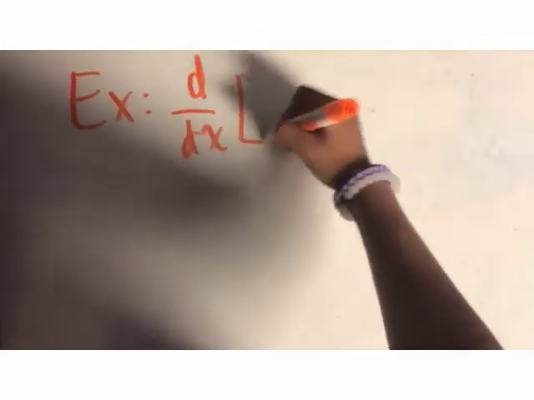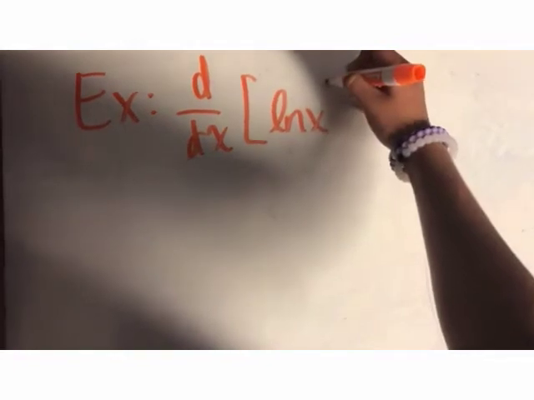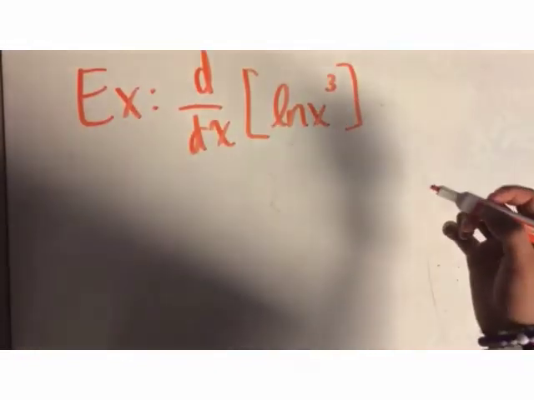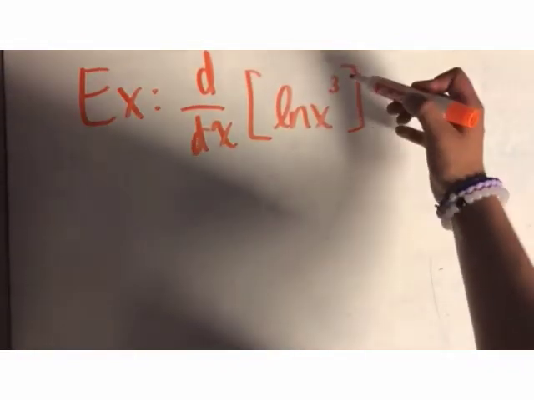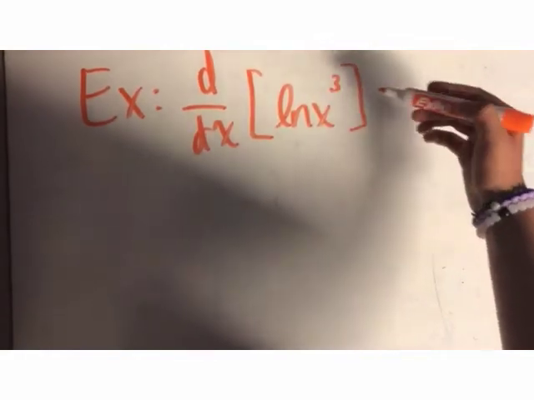Now for our final example. Find the derivative of ln of x raised to the third power. So here I'm going to have to apply the power rule that we learned previously.